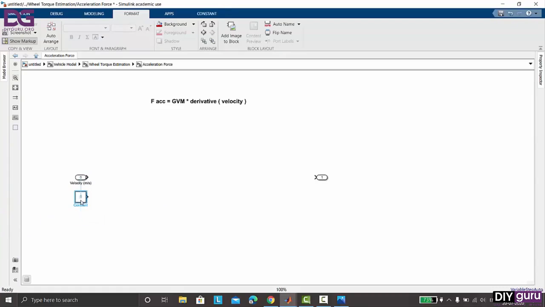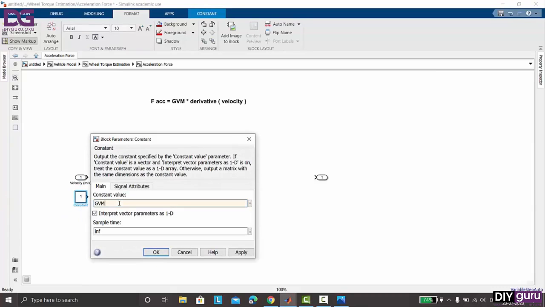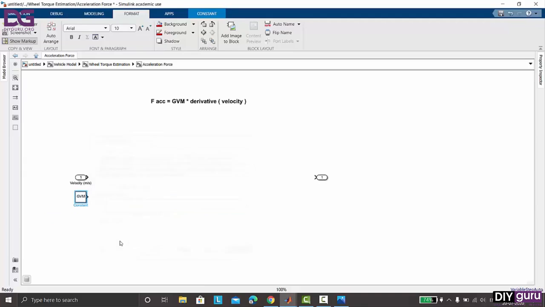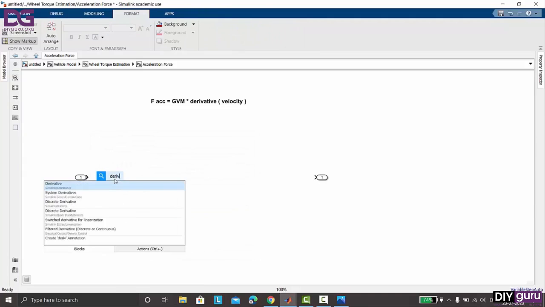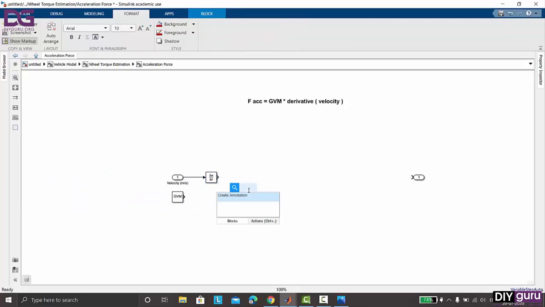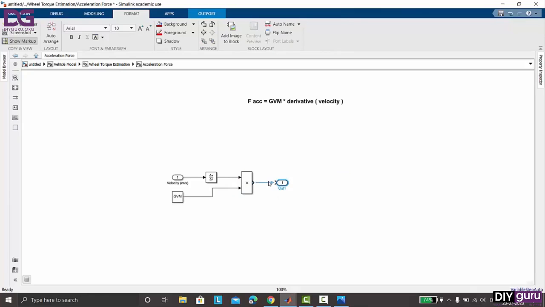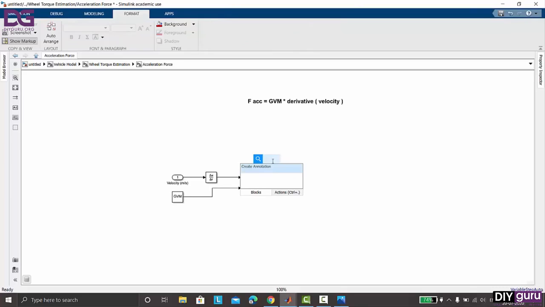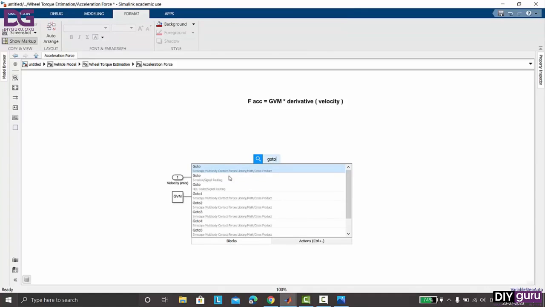We require one constant block, that is GVM derivative block, and the product block. Here is the acceleration force. Insert go-to block and name it acceleration force.